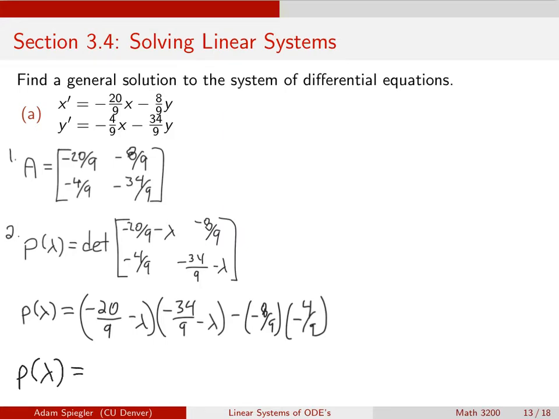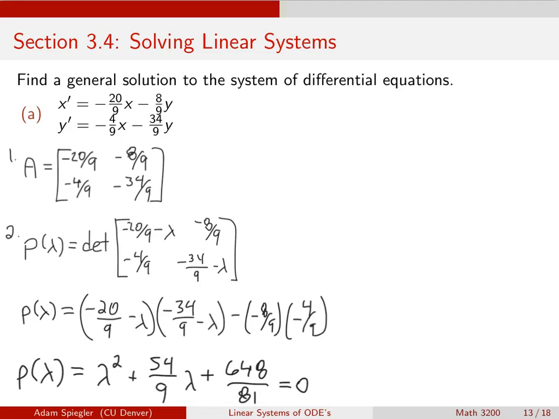So let's first simplify this a little bit. So grouping our terms together, we get a lambda squared plus 54 ninths lambda plus 648 over 81. And we want to figure out when is this characteristic polynomial equal to 0.